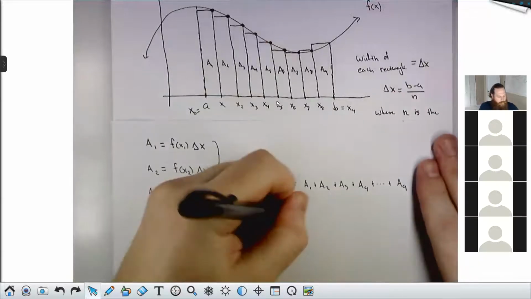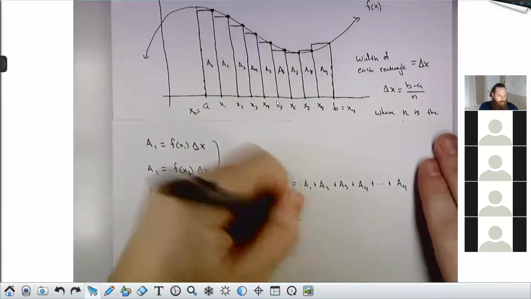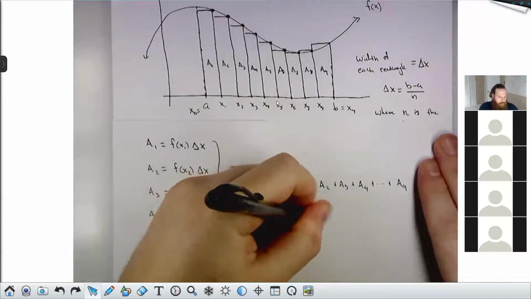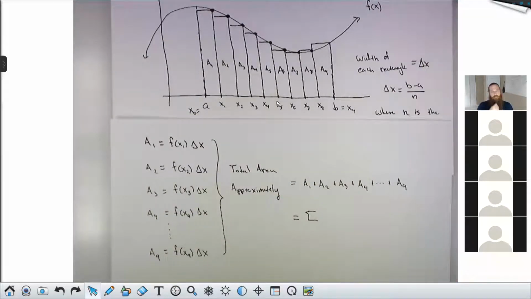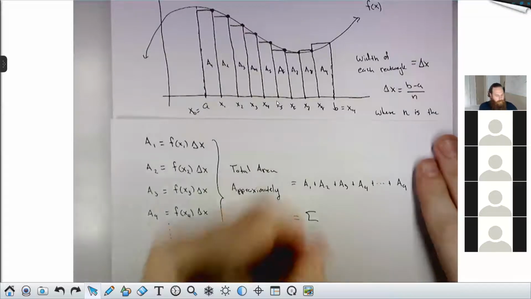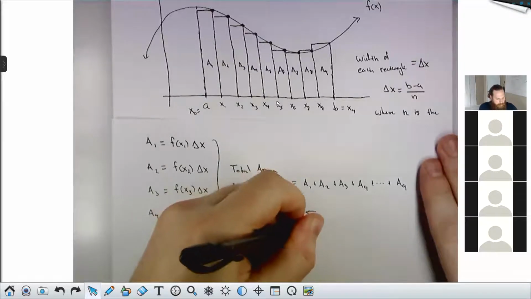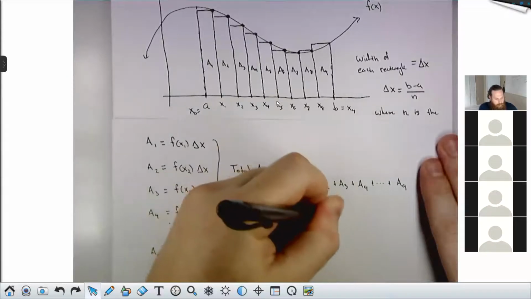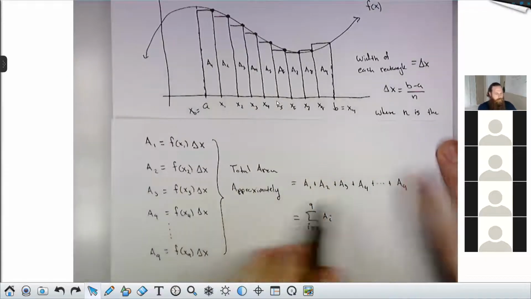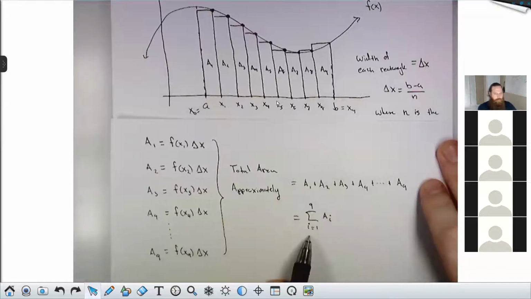Now, if you remember your pre-calculus well, you might be able to tell me how I can write this using capital sigma. This would be capital sigma i going from 1 to 9 of Ai. This and this mean literally the same thing.